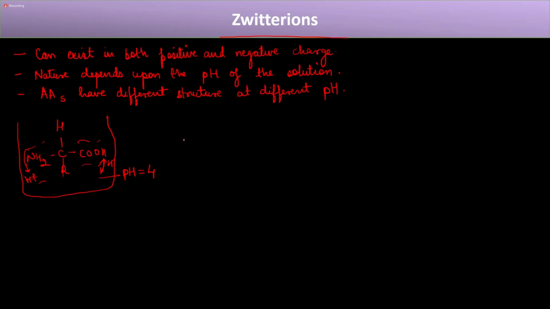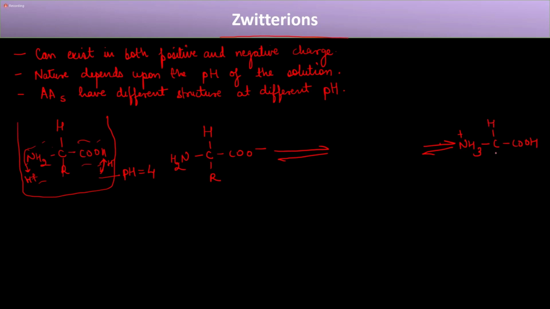So say at a certain pH, the amino acid looks like this, negatively charged. At another certain pH, it is positively charged, because it has taken the hydrogen from the solution.